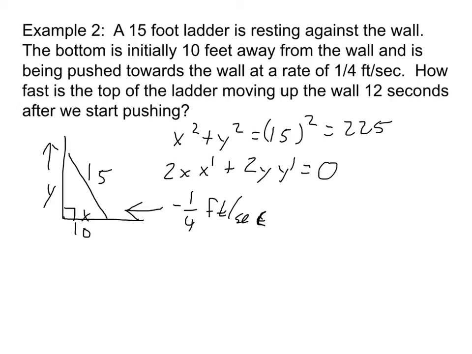Okay, and what do we know in this? Well, we know that the change in x, or x prime, is negative 1/4 foot per second. We're looking for how fast the top of the ladder is moving, so that's the y prime. We're trying to solve for that.